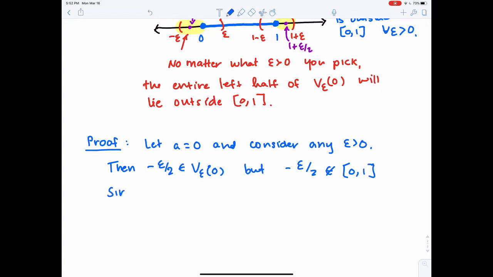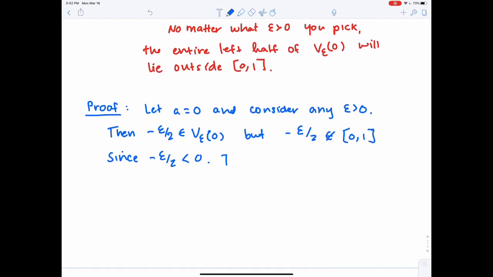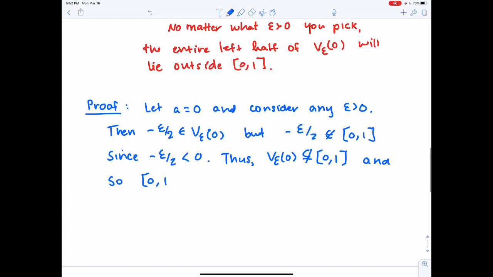If you wanted to explain this, you don't have to, but negative epsilon over 2 is clearly less than 0. So thus, V epsilon of 0 is not contained in my closed interval [0, 1]. And since epsilon was arbitrary, this closed interval [0, 1] is not an open set.